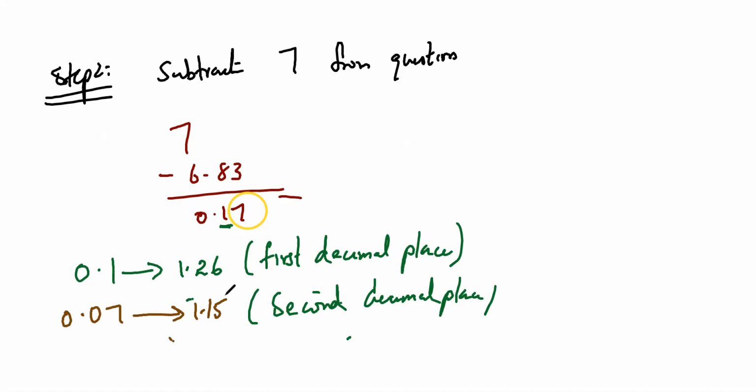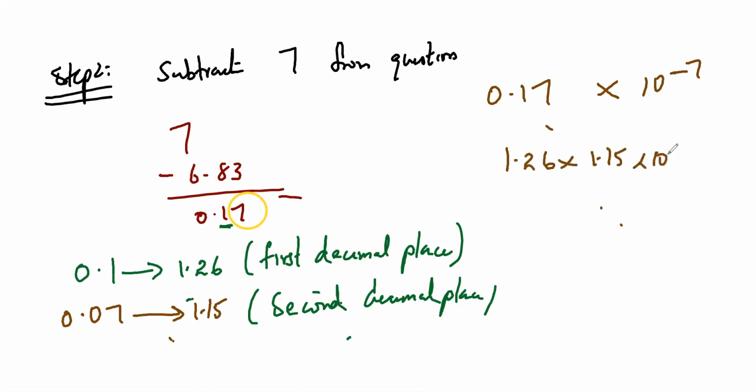So I'll write down the 0.17 here and not forget to multiply by 10 power minus 7. The 0.1 value is 1.26 and the 0.07 value is 1.15, into 10 power minus 7. If I do that, I'll get around 1.48 or 1.449 or whatever it is, into 10 power minus 7 molar.